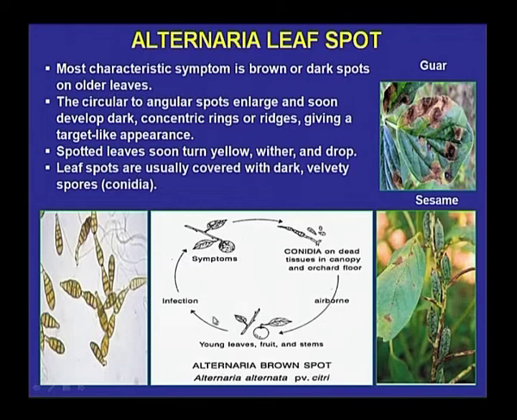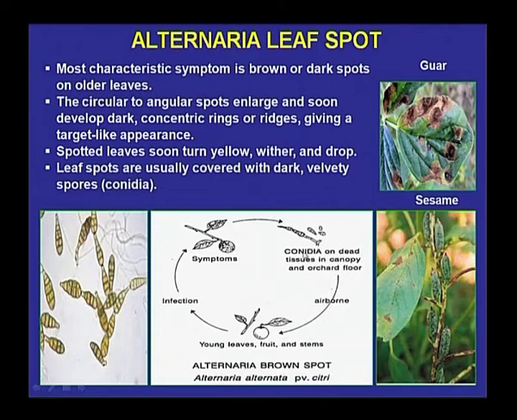And this is the simple life cycle of Alternaria brown spot caused by Alternaria alternata. Here you see the conidia on dead tissue and canopy in the orchard remain in the field always.